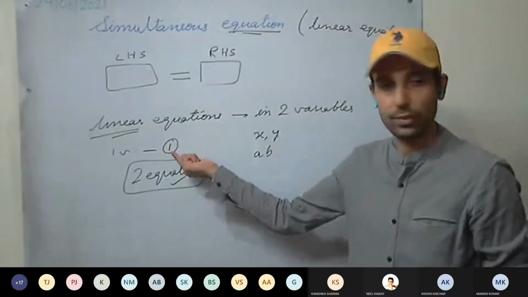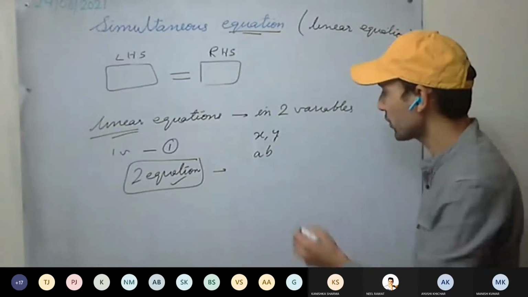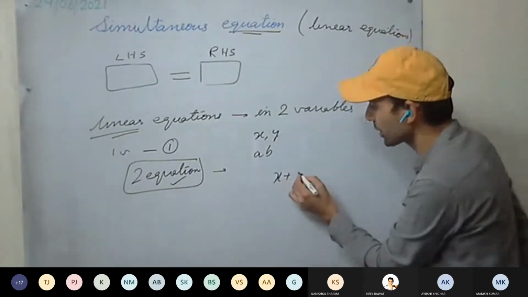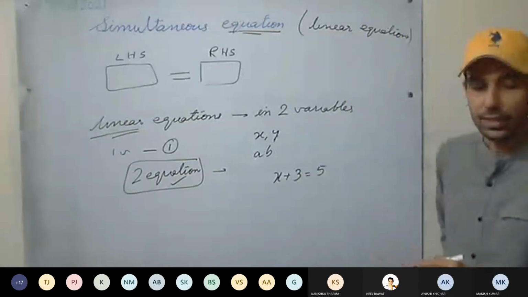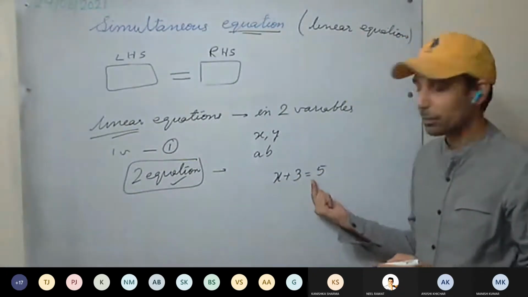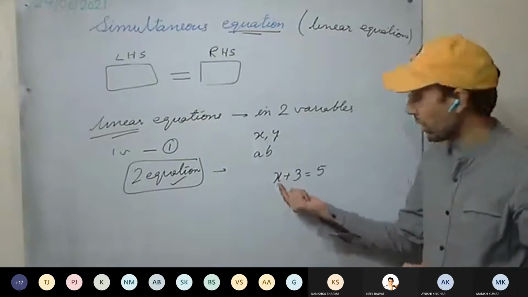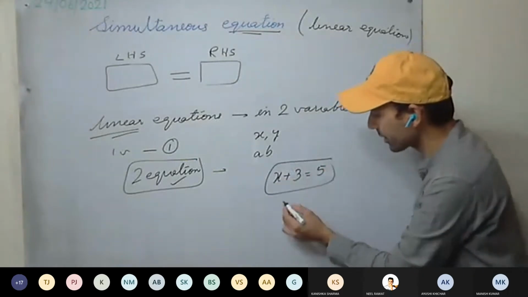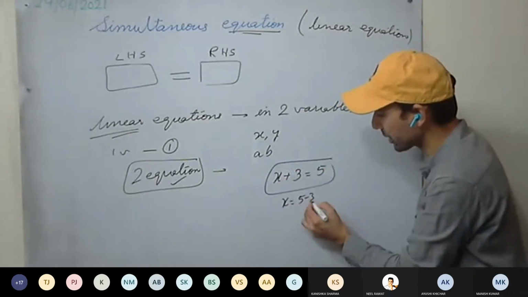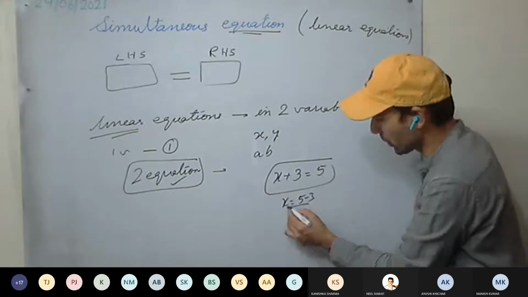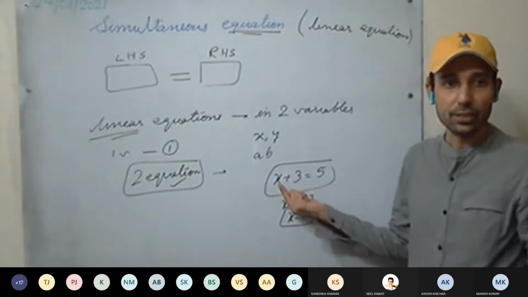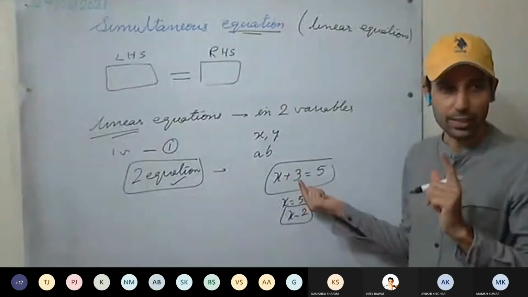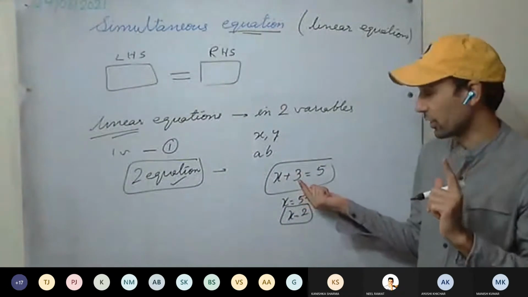If I write x plus 3 equal to 5, this is a linear equation in one variable. We can solve: x equal to 5 minus 3, x equal to 2. So for solving a linear equation in one variable, we require one equation.